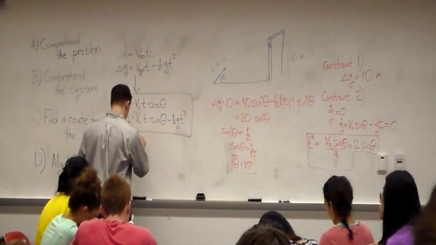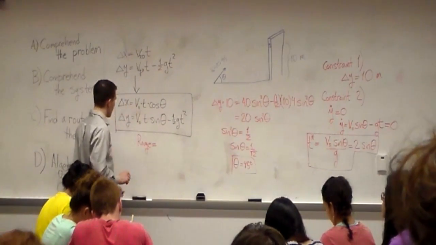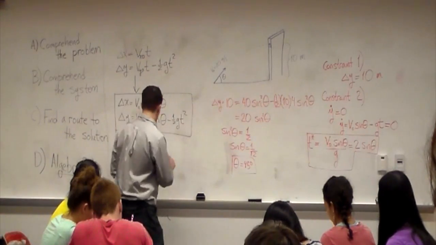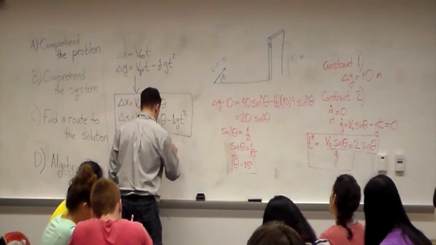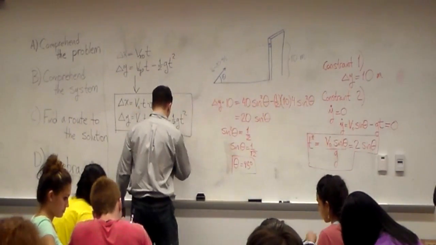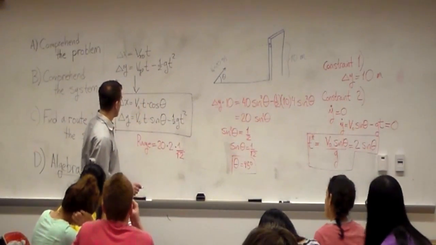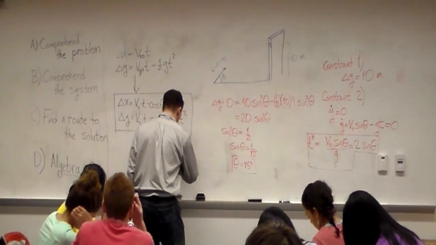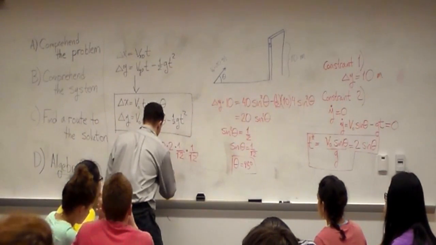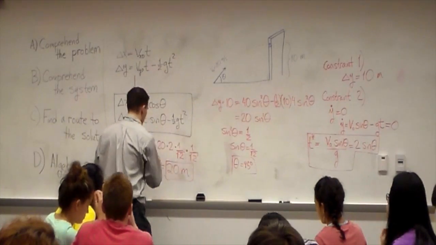So the range is equal to v naught, that's 20, times t. So that's 20 times 2 times sine theta, but we just said sine theta is 1 over the square root of 2, times cosine theta, which is also 1 over the square root of 2. So that's equal to 20 meters.